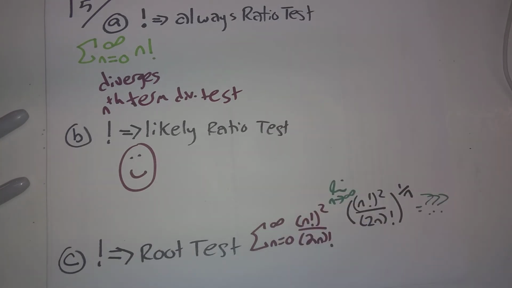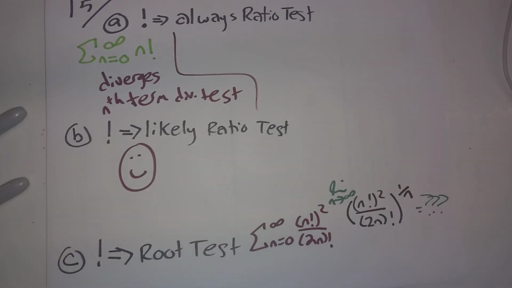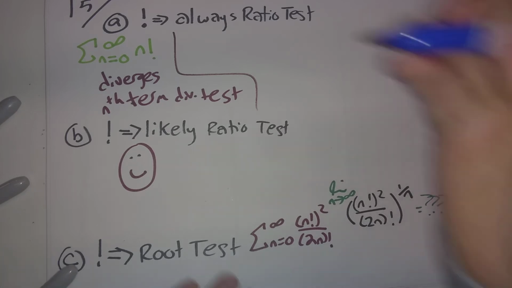So I would argue that for this particular sum, we shouldn't use the ratio test. We could if we wanted to, but it's faster and easier to use the nth term divergence test. Also, there are some cases in which you can have series with factorials in which the ratio test is inconclusive, but we can use other tests to figure out whether the series converges or diverges.